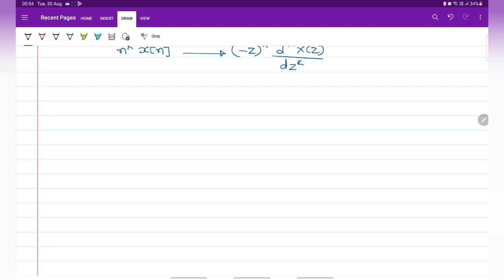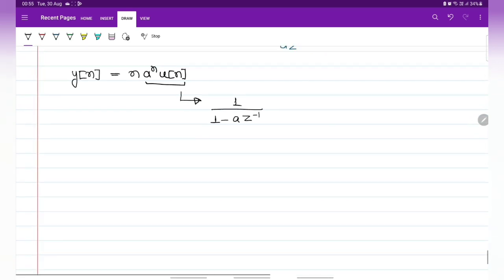Find the Z transformation of y of n, which is equal to n into a to the power n u of n. Okay, so we all know what is the Z transformation of a to the power n u of n, that is 1 divided by 1 minus a z inverse. Okay, so what will be the Z transformation of y of n?